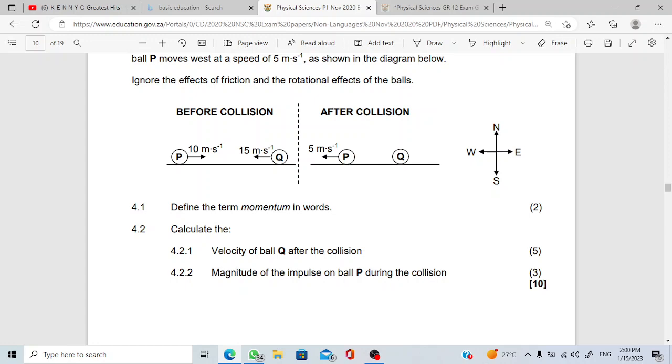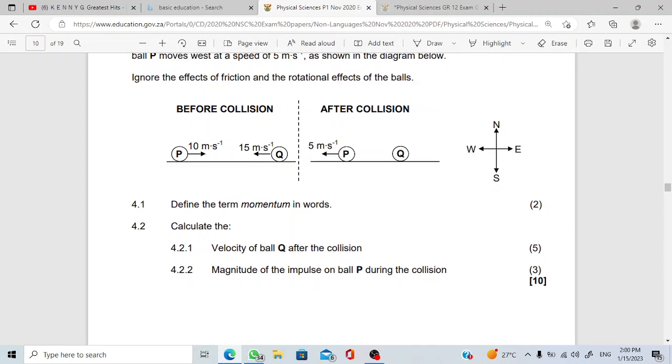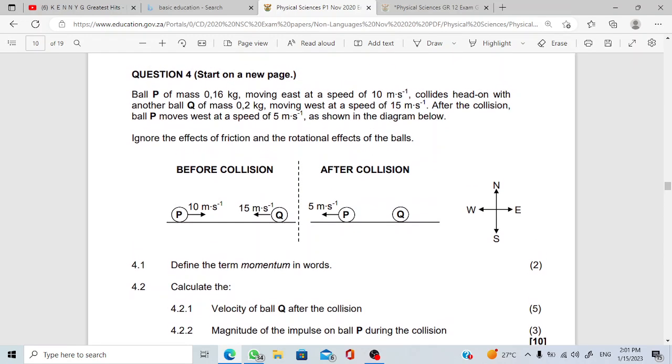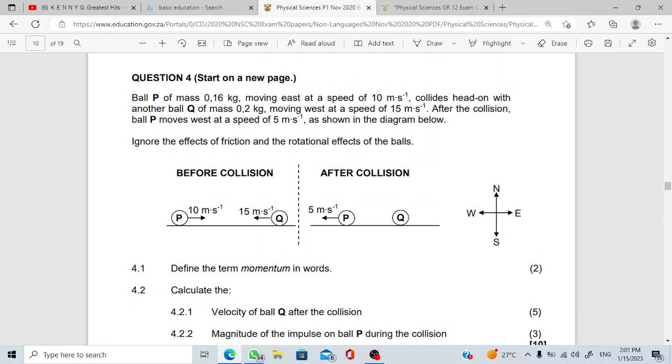Now, calculate the velocity of ball Q after collision. Let's analyze the scenario. They didn't tell us if it's an elastic collision or not, so I cannot make use of the kinetic energy equation.